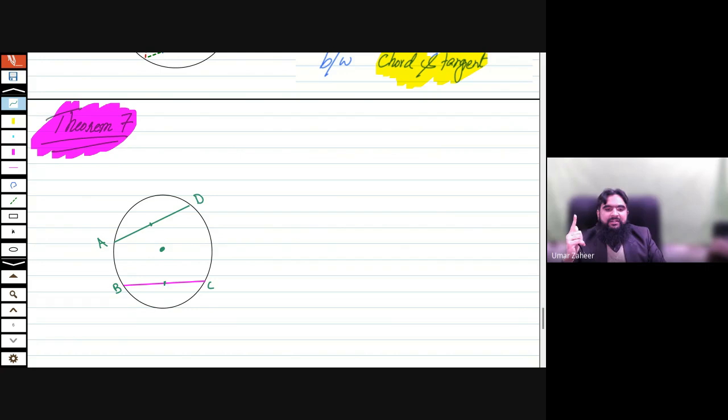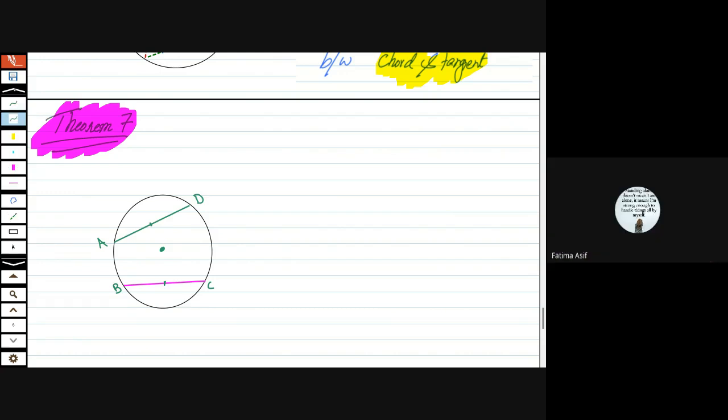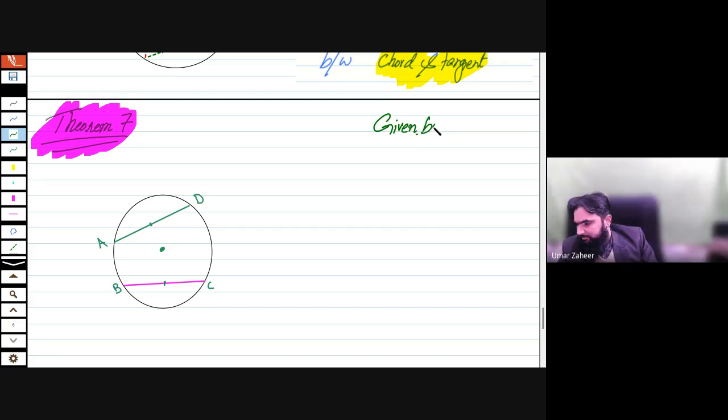If it is given that the chords AD and BC are equal, what can we conclude?